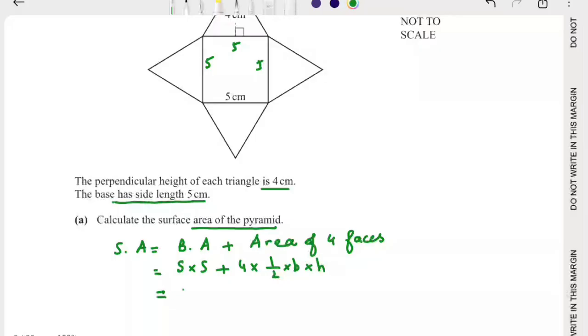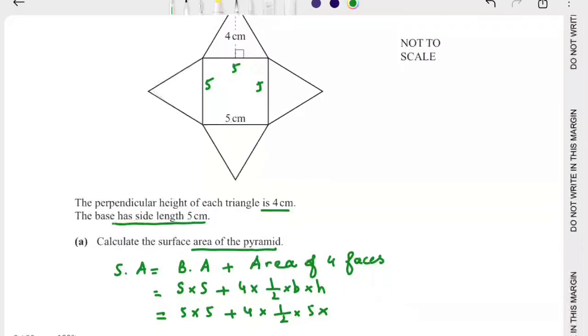So it would be 5 times 5 plus 4 times 1 over 2. Base would be 5 and height would be 4.